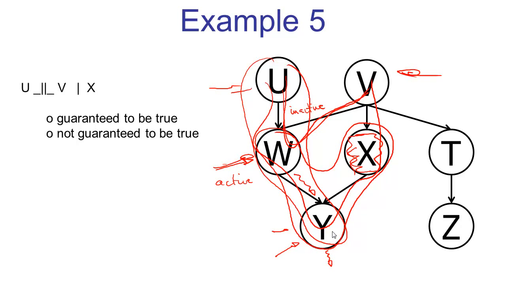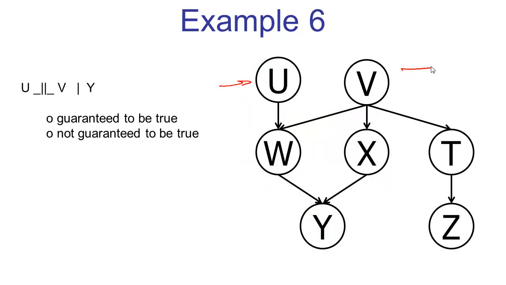No descendants, so we have a V structure here with a middle node unobserved. None of its descendants observed, so this V structure is inactive. Once we find an inactive triple along a path, the entire path is inactive, so we have established that both paths connecting U and V are inactive. This means we are guaranteed that U and V are conditionally independent given X.